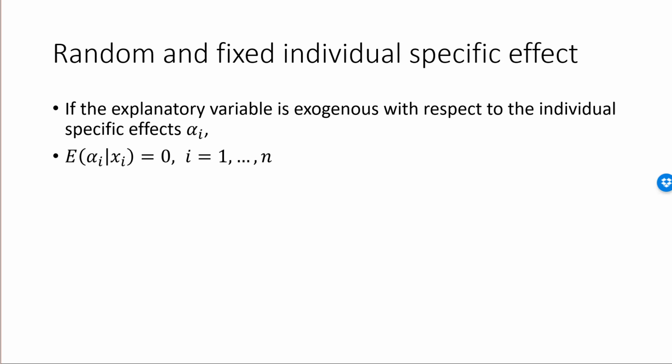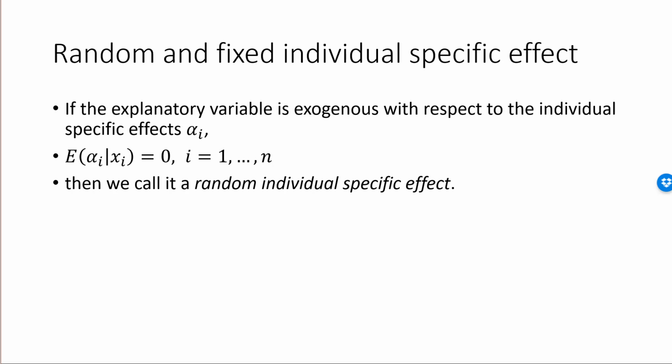By x_i here we mean all observations for the explanatory variable for individual i. That is, we condition on all time periods for this individual. If this is the case, then we call this a random individual specific effect.